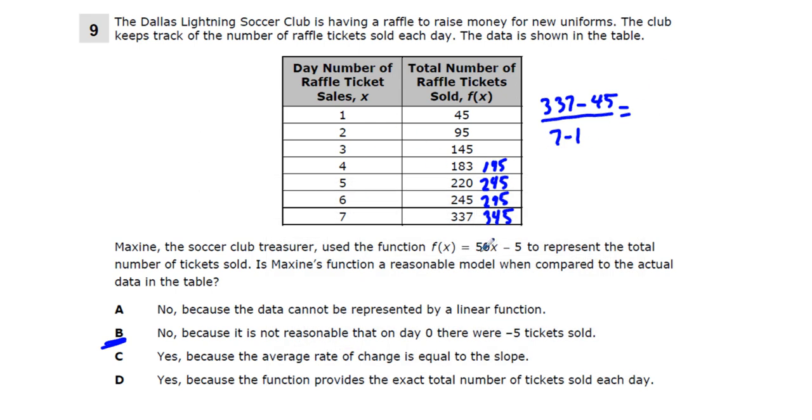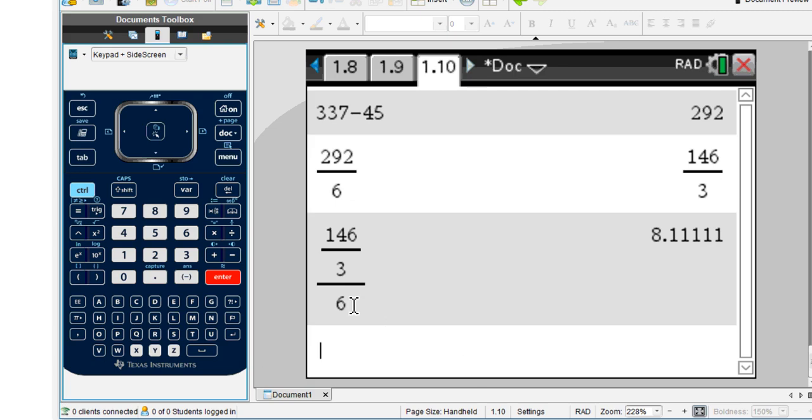It should be 50x. That's wrong somehow. Let's go to that. Should get 146 divided by 3. Let's try it again. 146 divided by 3.